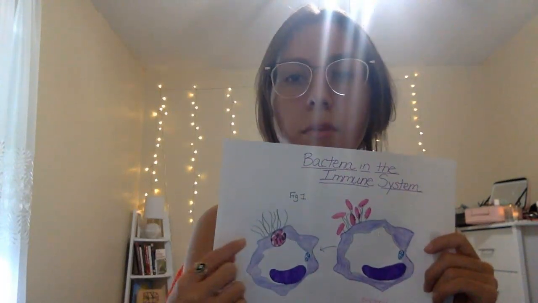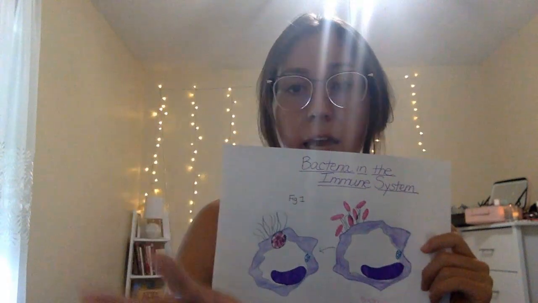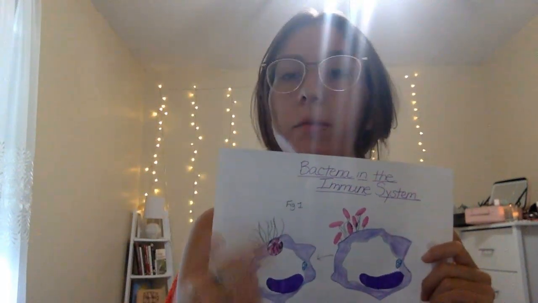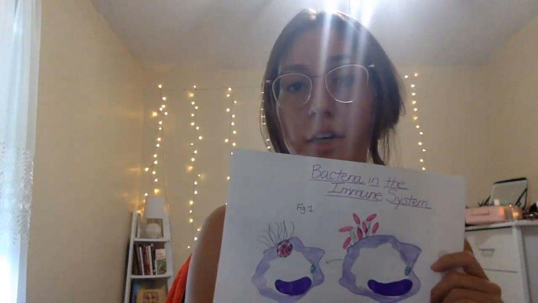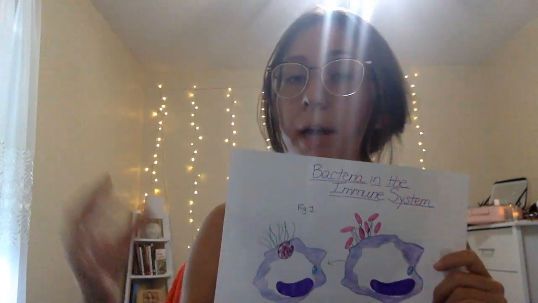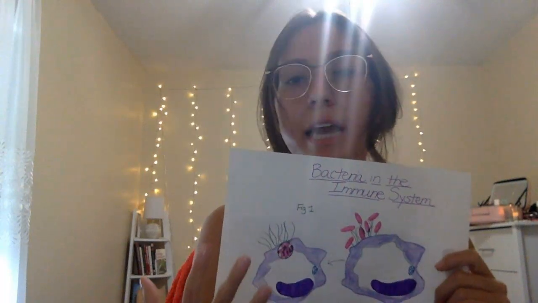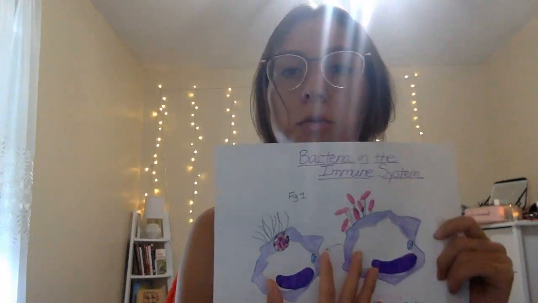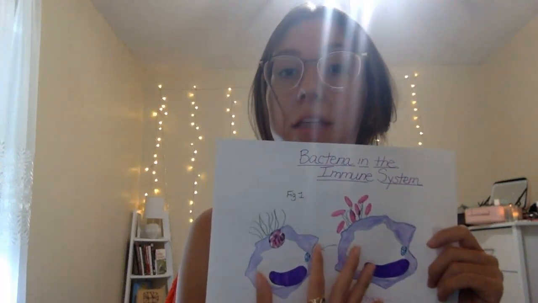So let's say you get a cut in your leg outside, and when you open a cut in your leg, there's an entryway for bacteria to enter. Once they enter, your bloodstream is going to release these macrophages to phagocytize the bacteria.